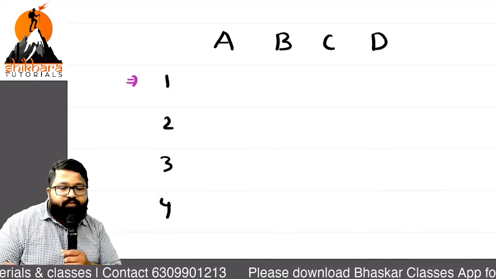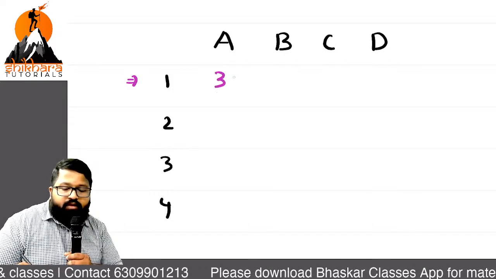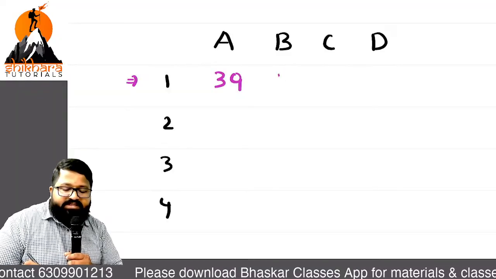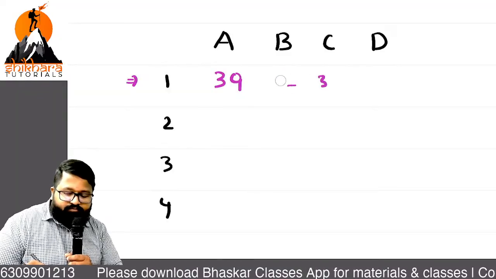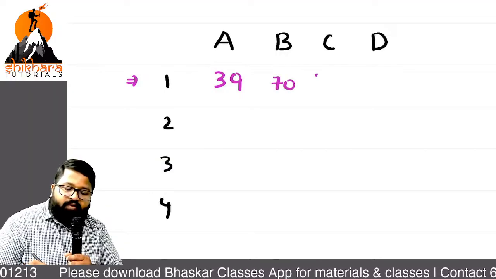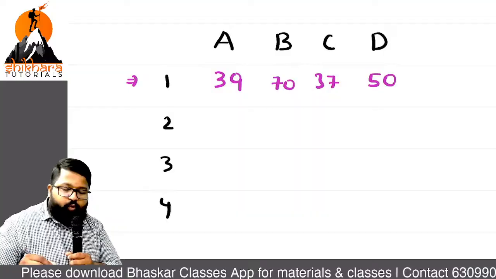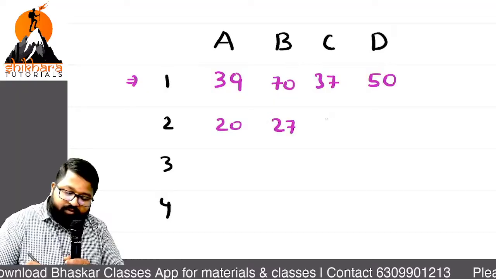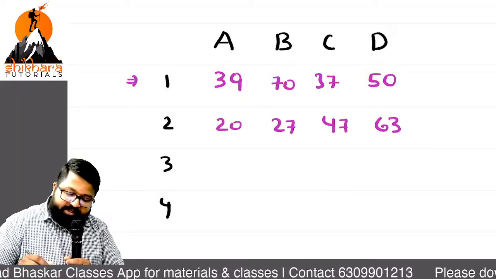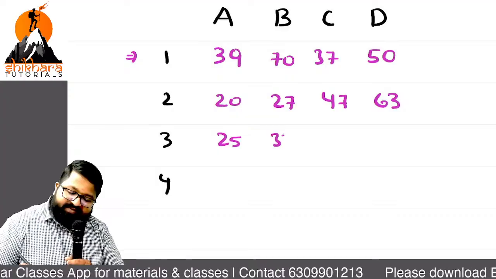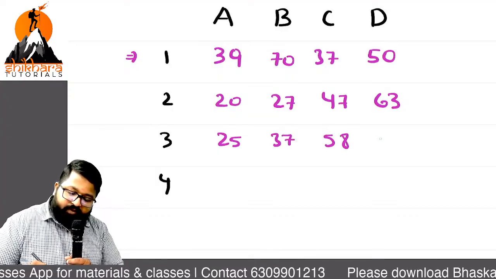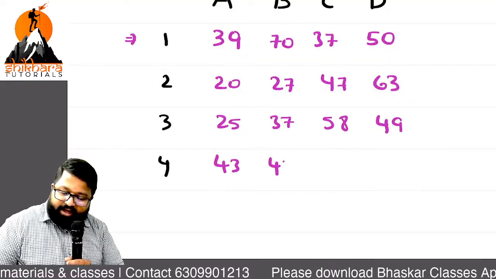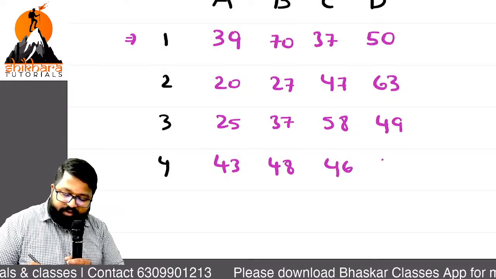What are the values? 30, 9, 20, 17, 7, 0, 37, 5, 0. Next, ma? 20, 27, 47, 63, 20, 37, 58, 49. Next one, ma? 43, 48, 46, 50.